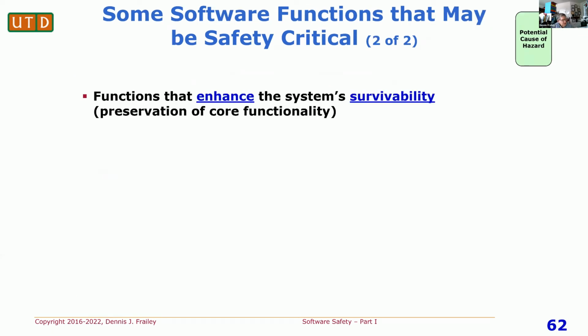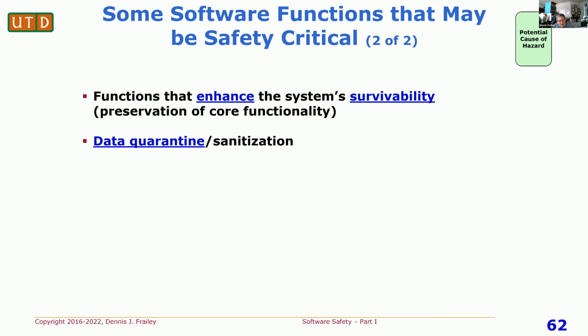Here's some more ways that software can contribute to a problem. Functions that enhance the system's survivability may not work right under some circumstances. So systems that keep the core functionality functioning or safe, something that keeps data safe if you detect an intruder, that sort of thing.